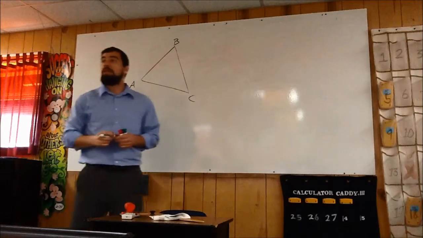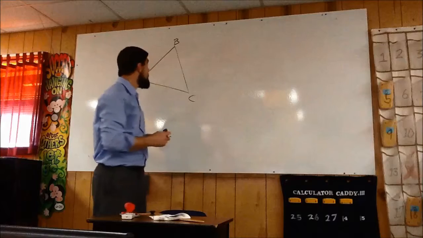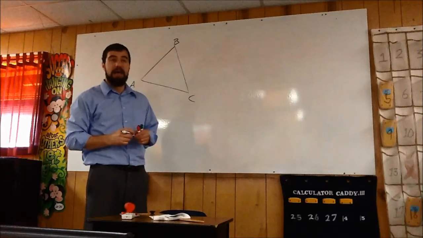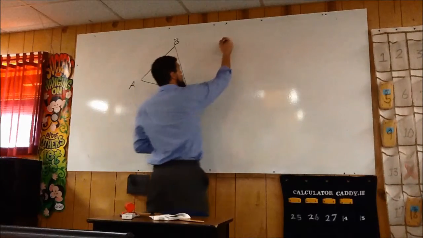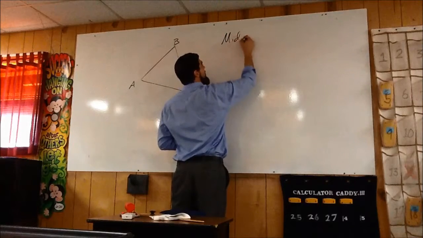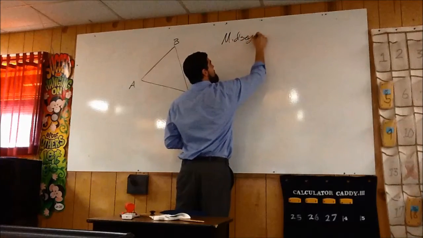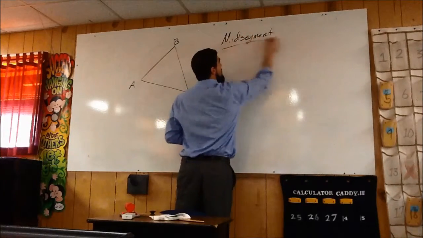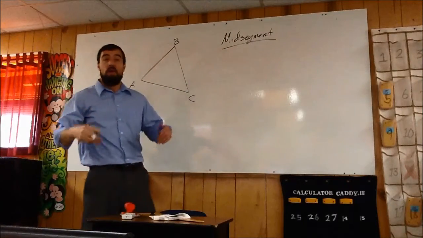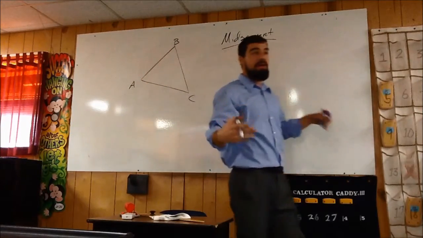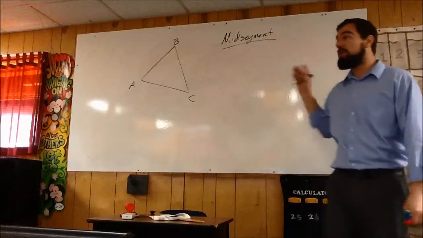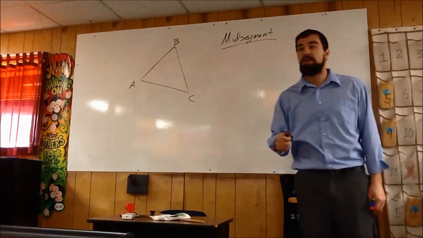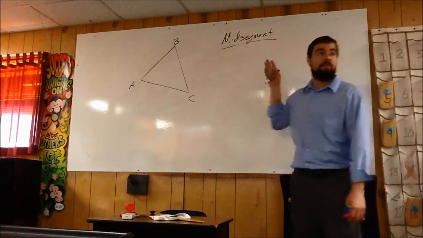We need to know the midpoints of these sides because we're going to write the definition of midsegment. Just by reading or hearing the name of this special object in triangles, what do you think this is?